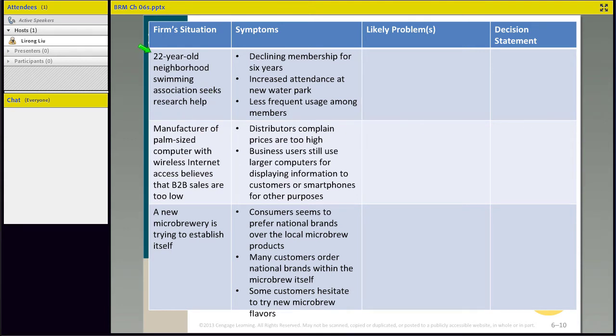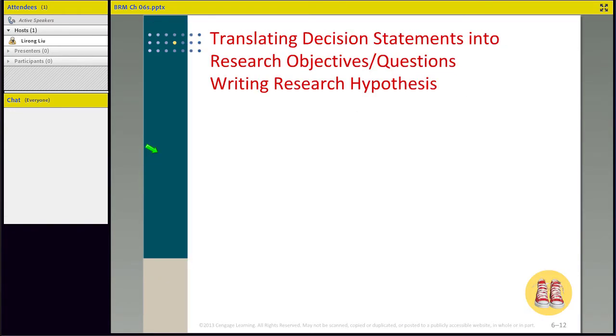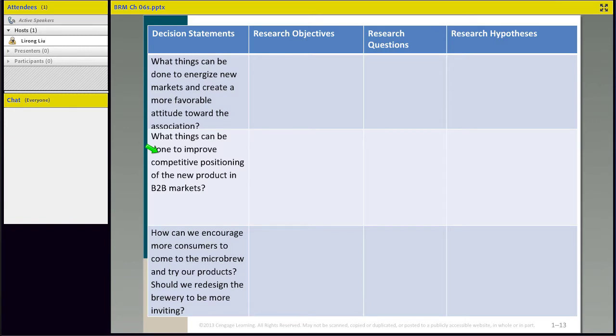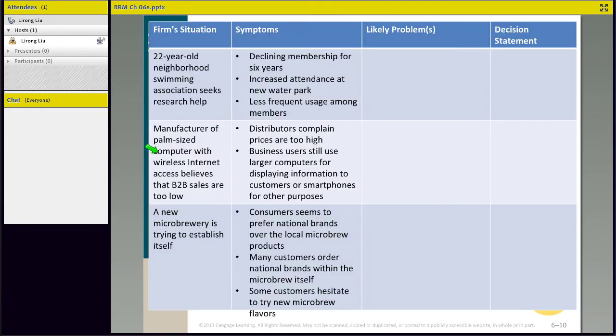What we're trying to do is look at the first two examples and come up with likely problems, decision statement, and then we want to define research objectives, design research questions, and come up with research hypotheses. So it's more like a practice for you to go through the thinking process. Let's take a look at the first one.